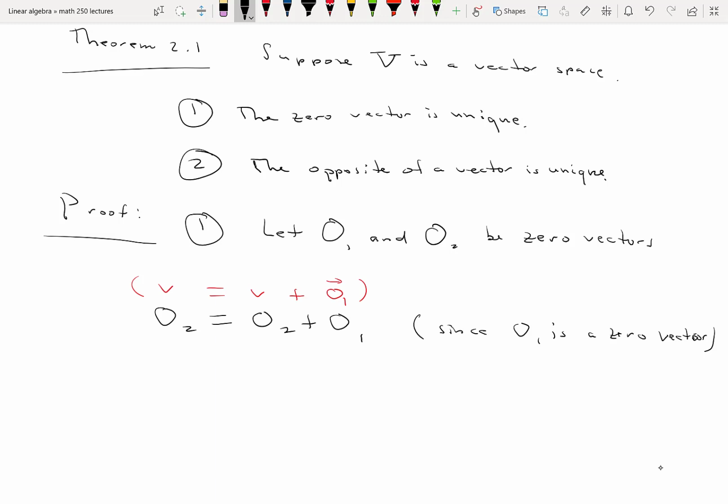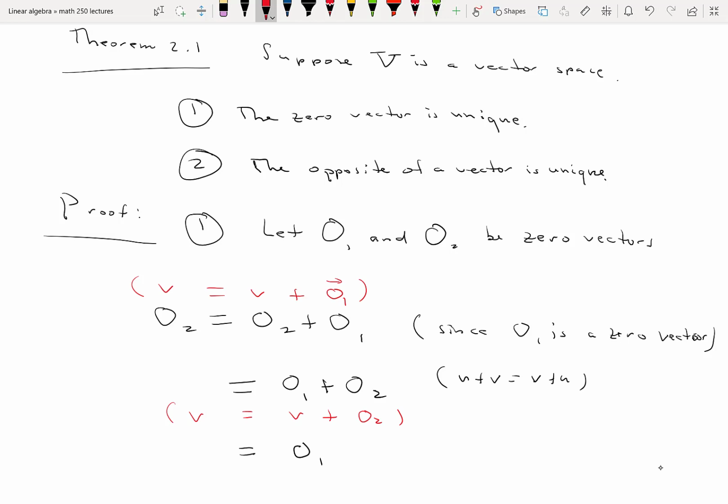Now, this also equals 0 sub 1 plus 0 sub 2. Why? Well, u plus v equals v plus u. Now, this equals 0 sub 1. Why? Because, again, v equals v plus 0 sub 2, since 0 sub 2 is a zero vector.